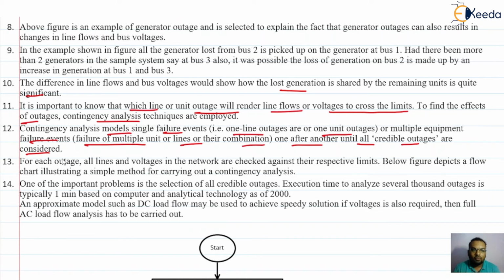For each outage, all the line flows and voltages in the network are checked against the respective limit. For each outage we saw that the voltages at all the buses and the line flows have changed, so we have to check against the respective limit. Now the algorithm for the contingency analysis is given in the below figure that we will discuss now.